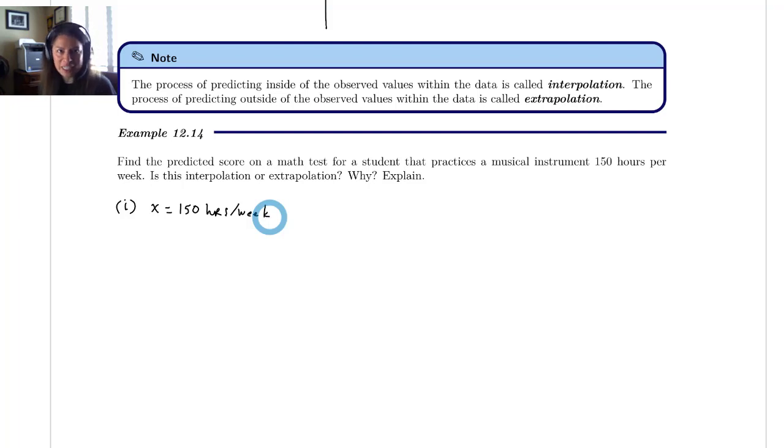There are 24 hours in a day. So is this within the scope of the model, spending a little over 20 hours a day practicing an instrument? No, because you would have to sleep a little more than 4 hours, go to the restroom, bathe, right? Hopefully. So this would automatically be an extrapolation.